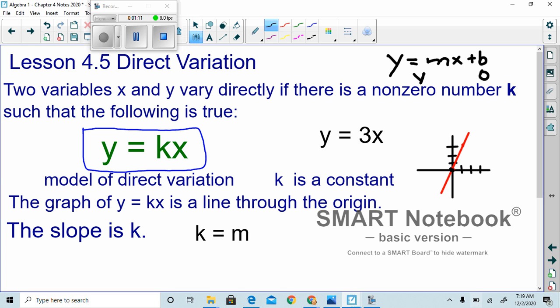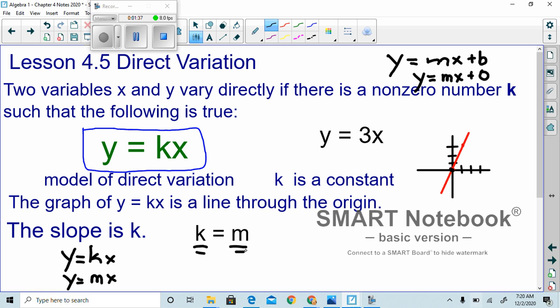That leaves me with y is equal to mx plus 0, which we don't have to add. So this model of direct variation, y is equal to kx, is the same as y is equal to mx plus b, which is 0. So we see that k and m are the same.